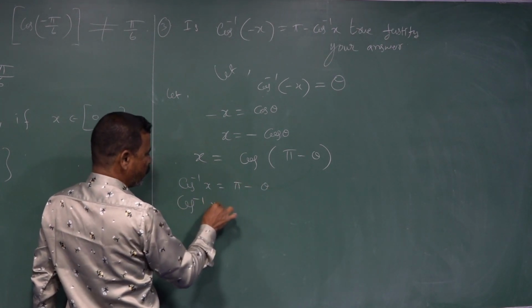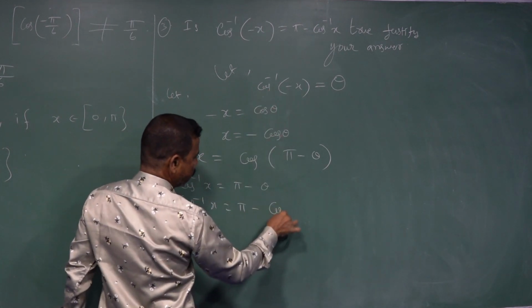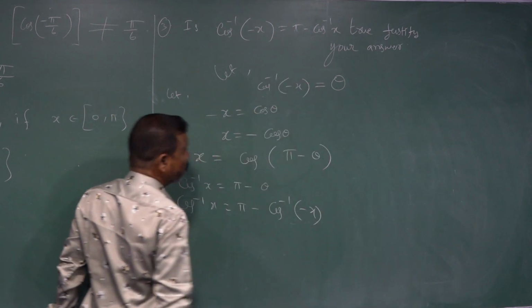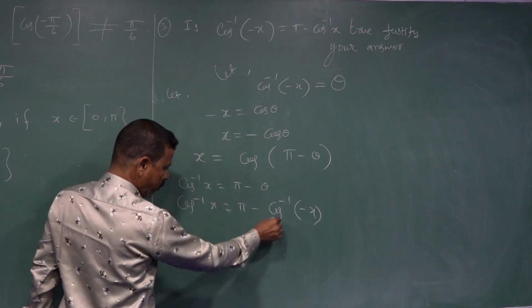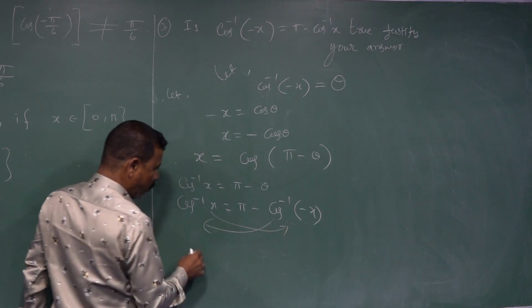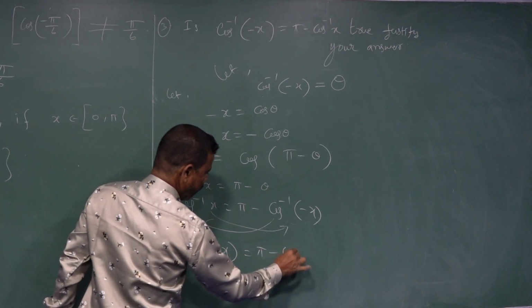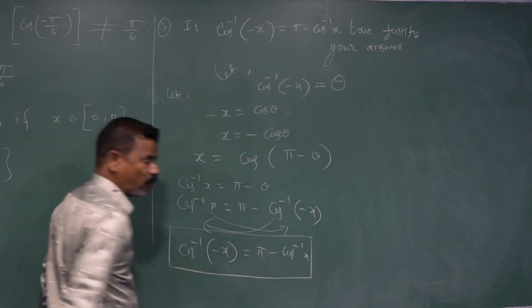Next, cos inverse of x is equal to π minus theta, where theta is the cos inverse of minus x. But he is asking for π minus cos inverse x, not this. You change this to this, this side to this side. So cos inverse of minus x is equal to π minus cos inverse of x. This is also one of the formulas.